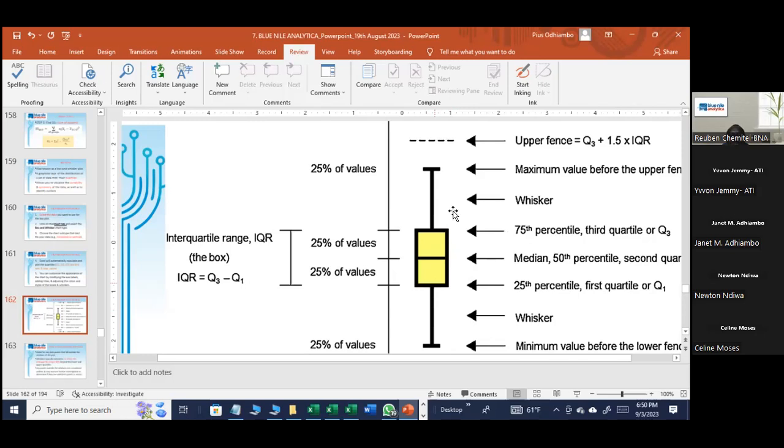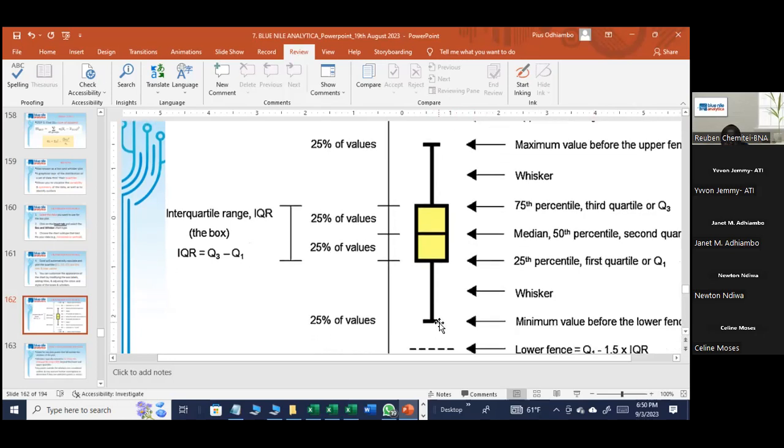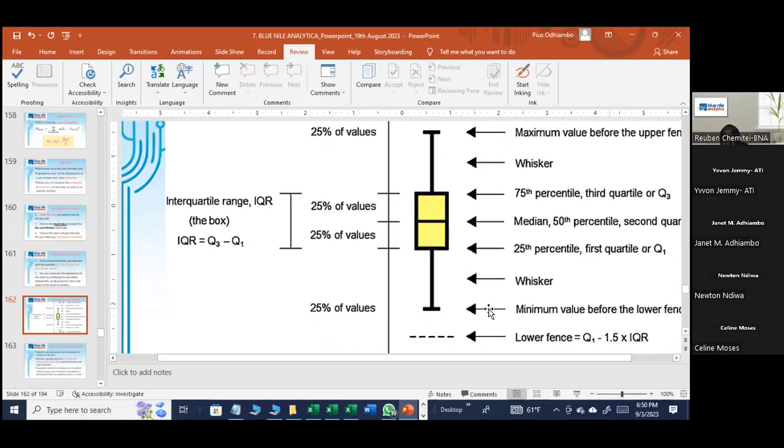And shortly we are going to see how you generate this box plot in Excel. So you can see here that the lower whisker is the minimum value. If you are looking at scores of students, then what is the lowest score a student is getting? So this is the score down here. This is the whisker. Then the upper whisker is the maximum value.